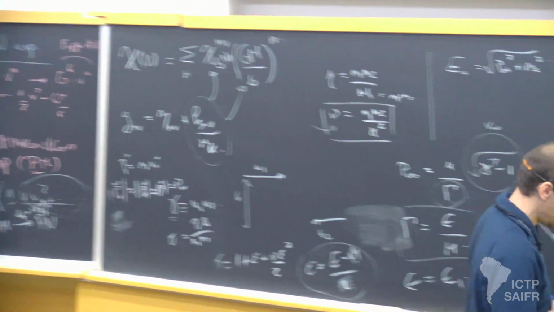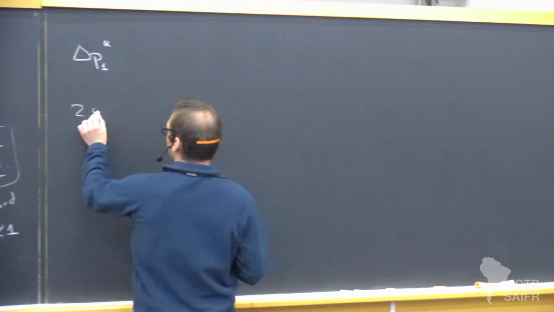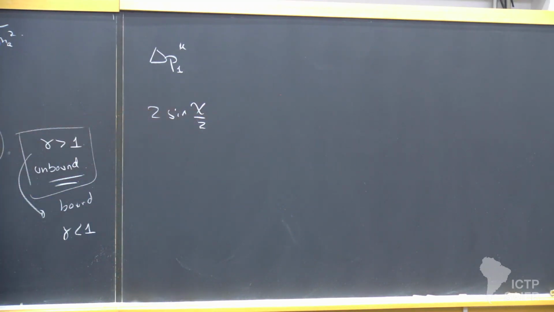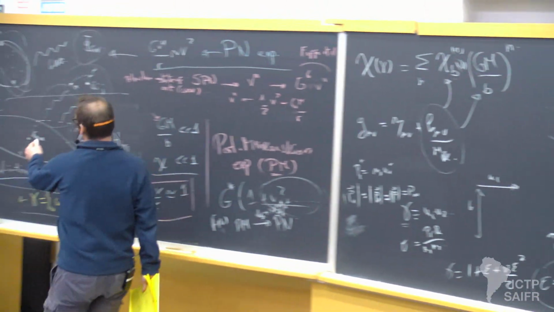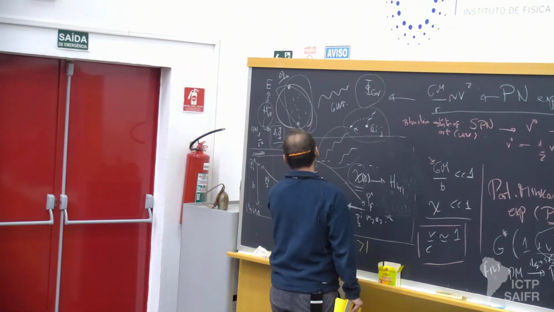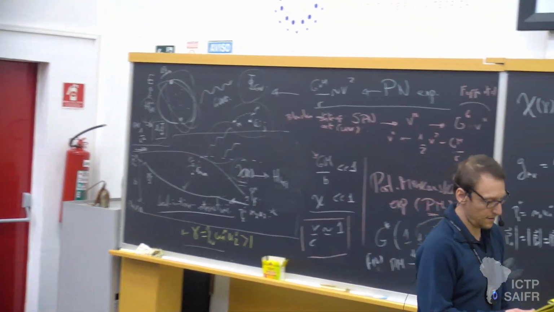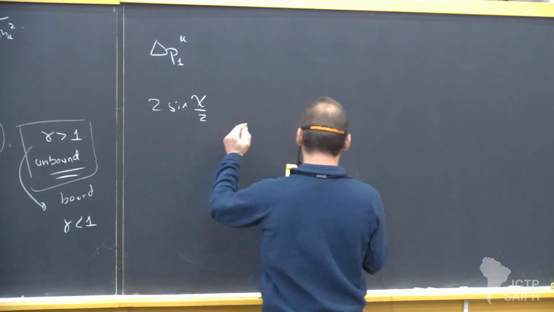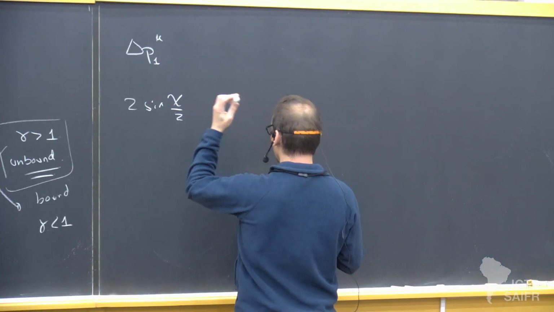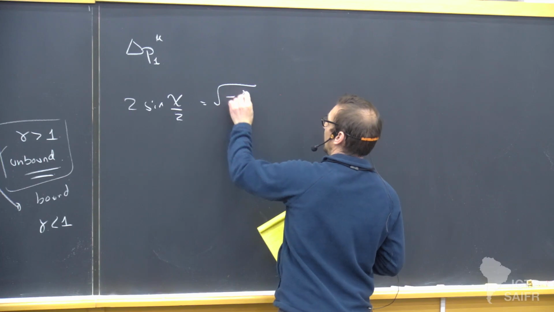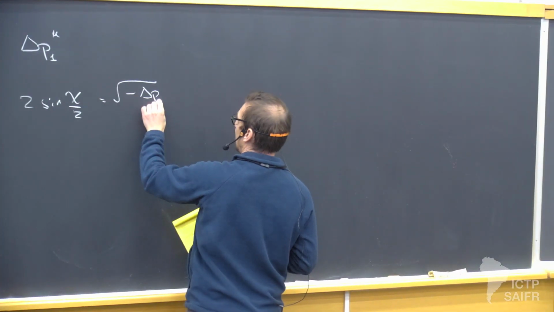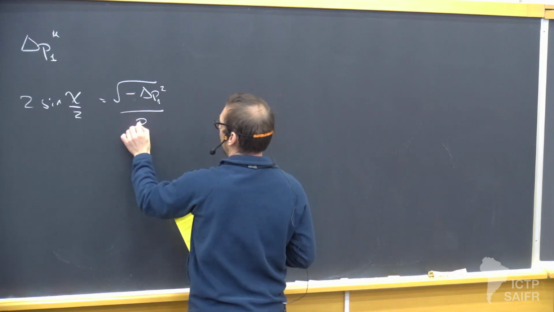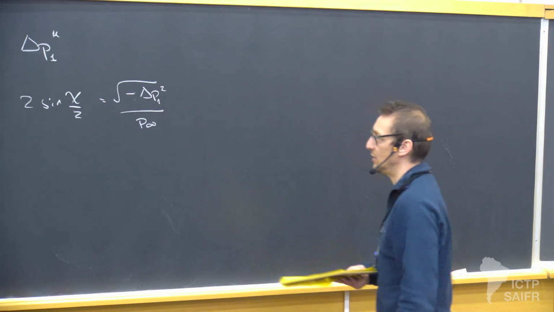You can do this as an exercise. This is just going here. How do you define the angle? If you go here, it's chi/2. And then you get this relation that this is equal to, in our signature, because it's a space-time, the minus, because I want the space-like part, divided by the magnitude, which at infinity is p infinity.